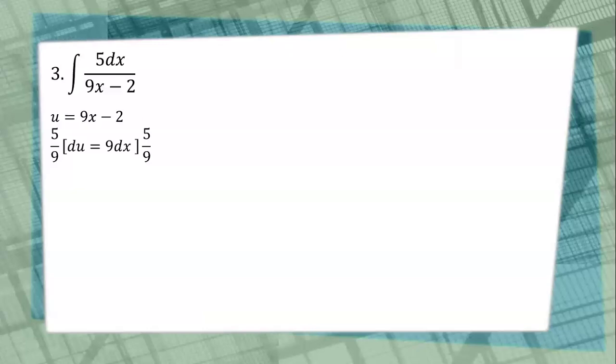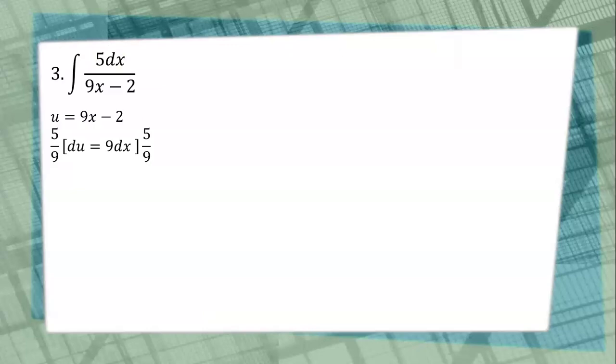Let's have example number 3. The integral of 5 dx over 9x minus 2. Again, the denominator should be your u function. So we have 9x minus 2. And then look at this one. We have a du is equal to 9 dx, I mean. But since in the numerator we have a 5 dx, we need to think of an integrating factor.